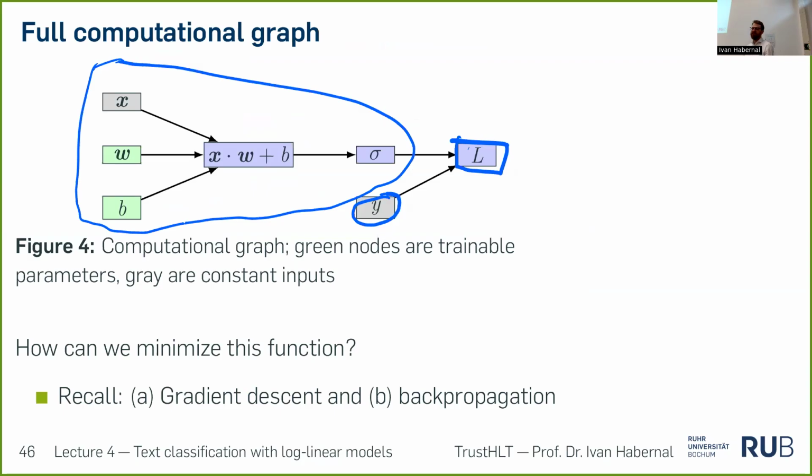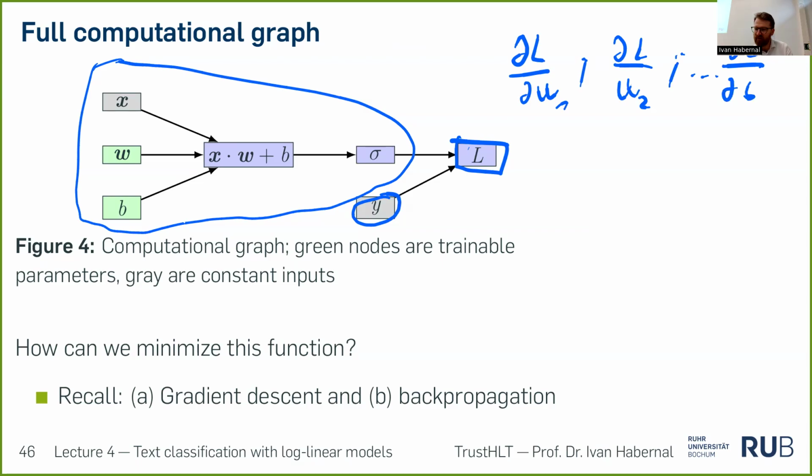Can we minimize it? Yes, of course. This is why we built all the machinery of backpropagation and gradient-based minimization on a computational graph, because we can minimize this function by taking the gradient of the loss with respect to W1, with respect to W2, and so on, and the last one, with respect to B. This is the gradient.